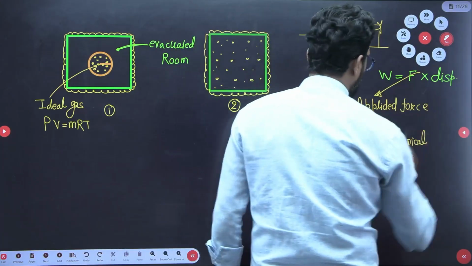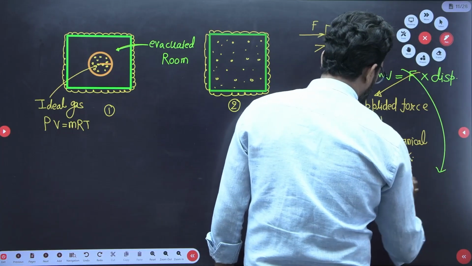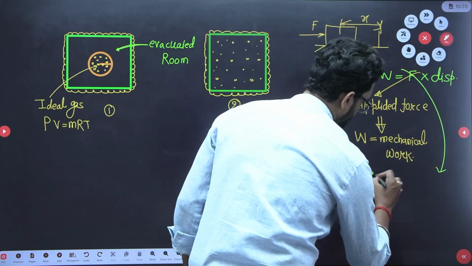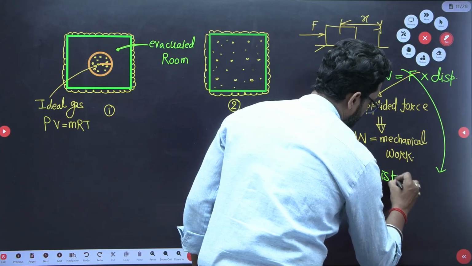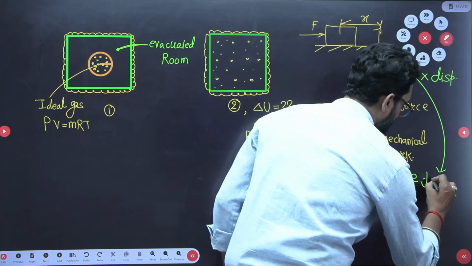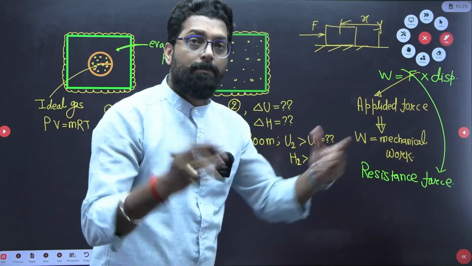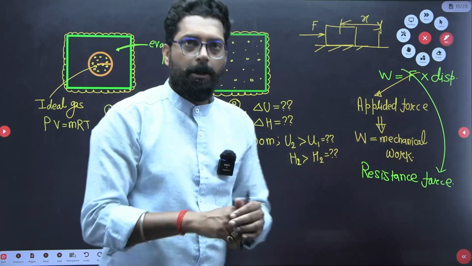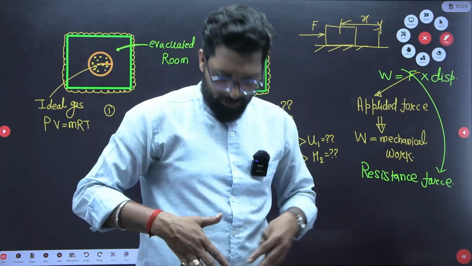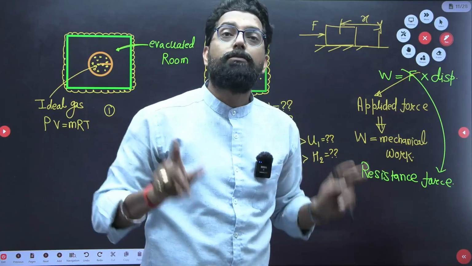But if this force is a resistance force applied by the surroundings, for example if I am breathing, my stomach expands against the atmosphere, so that is called thermodynamic work.